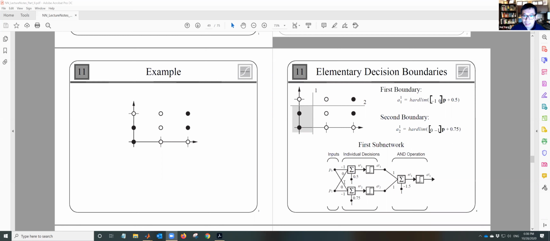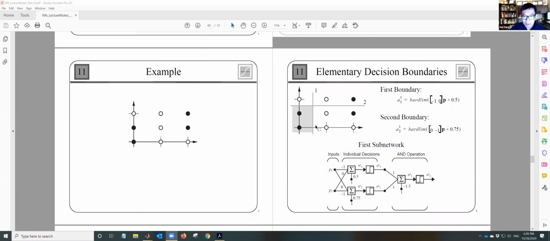Now you see, this is minus 1, 0 with P, and this is 0, minus 1 for the second neuron. And then you have a hard limit function, because hard limit gives you 1 if it is above 0, and 0 if below 0, right?